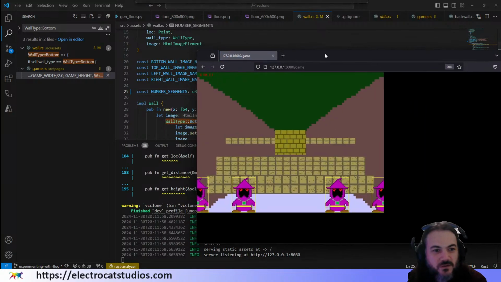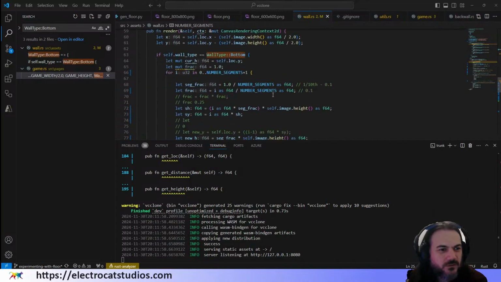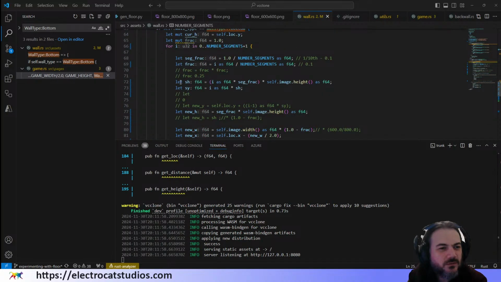This is doing all sorts of weird things. So the start height I'm pretty confident with. The new height should just be consistent. It should be this segment fraction.